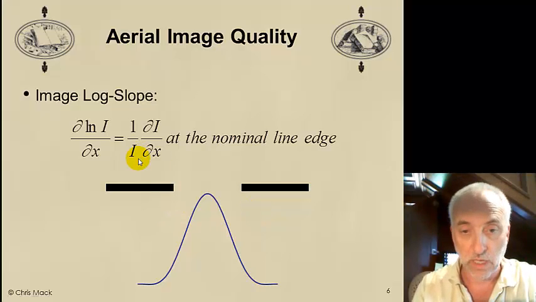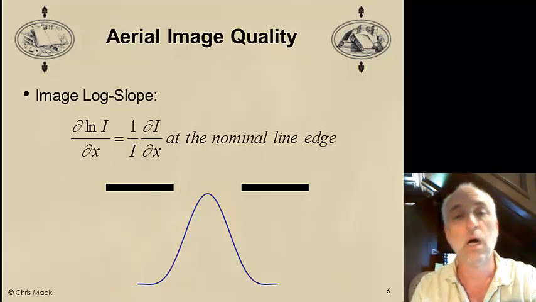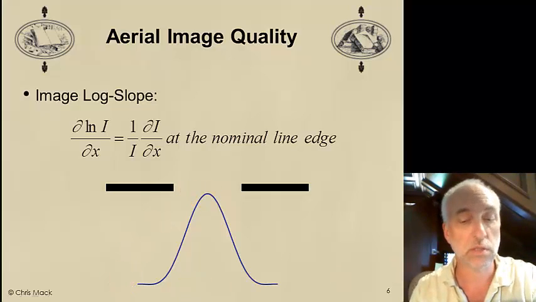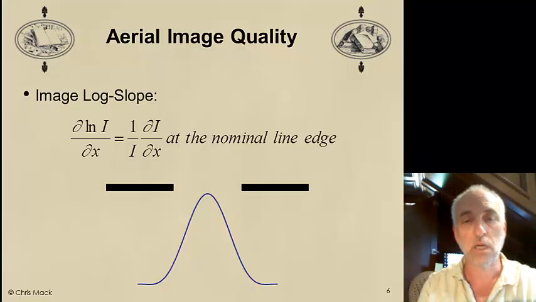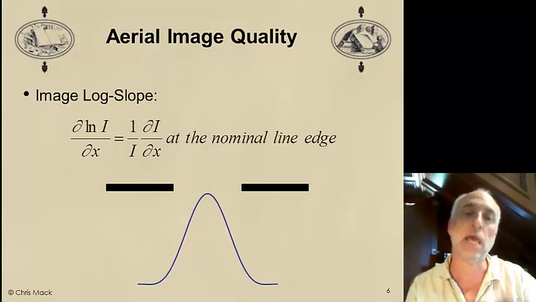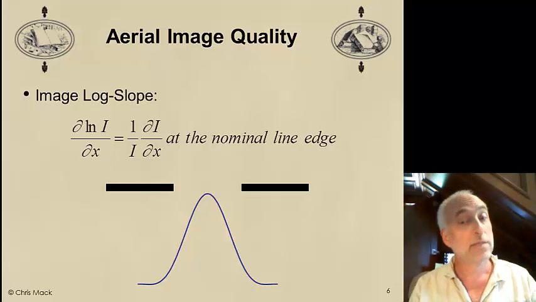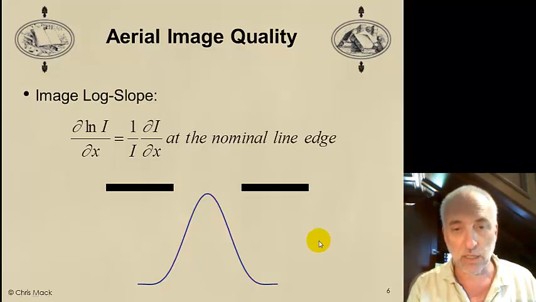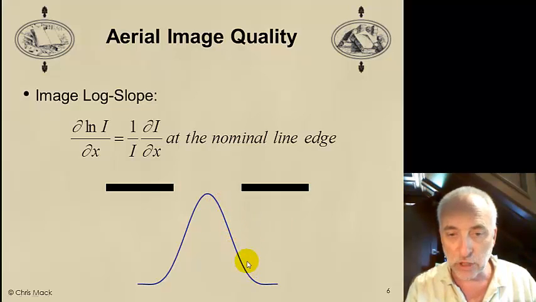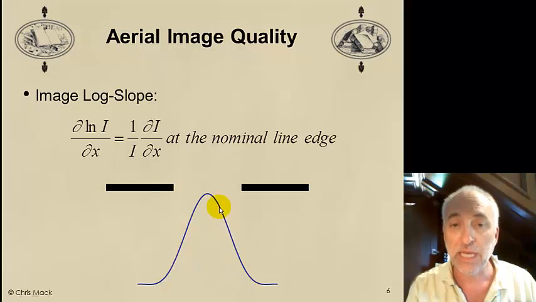So, I have a bright region, I have a dark region. And it's the task of the photoresist to place a resist edge at the boundary between bright and dark. The key characteristic of the image that tells me where the photoresist edge should be is the transition from bright to dark.